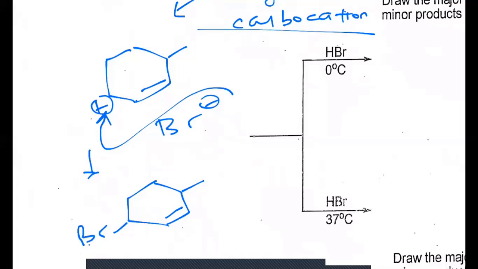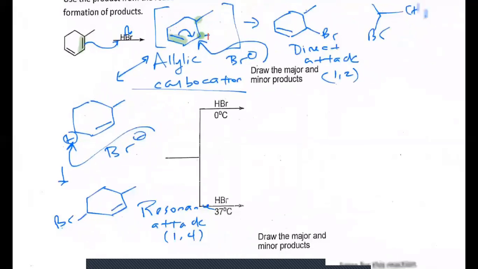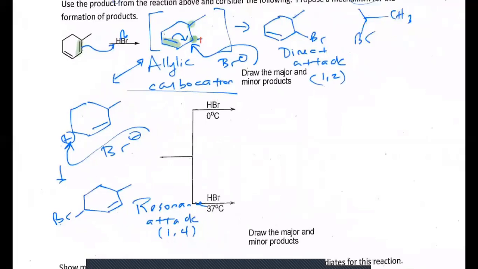We're going to call this resonance attack, or 1,4 attack. Anytime you have a conjugated diene, you're going to get those two products, the direct attack and the resonance attack, every time. The reasoning is that once you form the allylic carbocation, it also gives you the resonance form. So you're working with two cations, and the bromine can attack at either one of them.